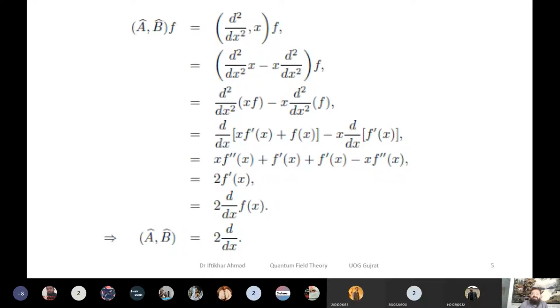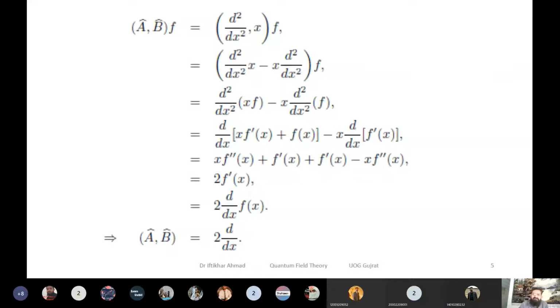In the first term you can take the first derivative, and then you get x f dash x plus f of x, and in the second term you get minus x d over dx of f dash x.